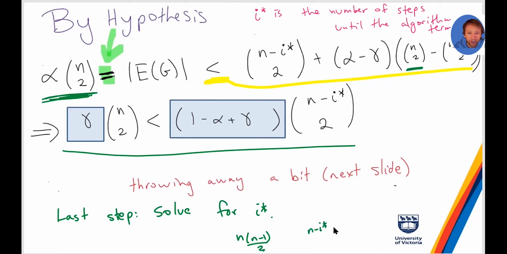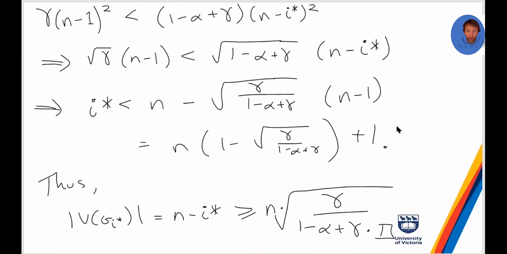This n minus I star choose 2 is kind of like n minus I star squared over 2, but it's not. But if this was really n squared over 2, and if this really was n minus I squared over 2, then it'd be pretty easy to solve for I star, right? You just multiply both sides by 2, take square roots, do some dividing, and you'd be done. And you subtract and whatever.